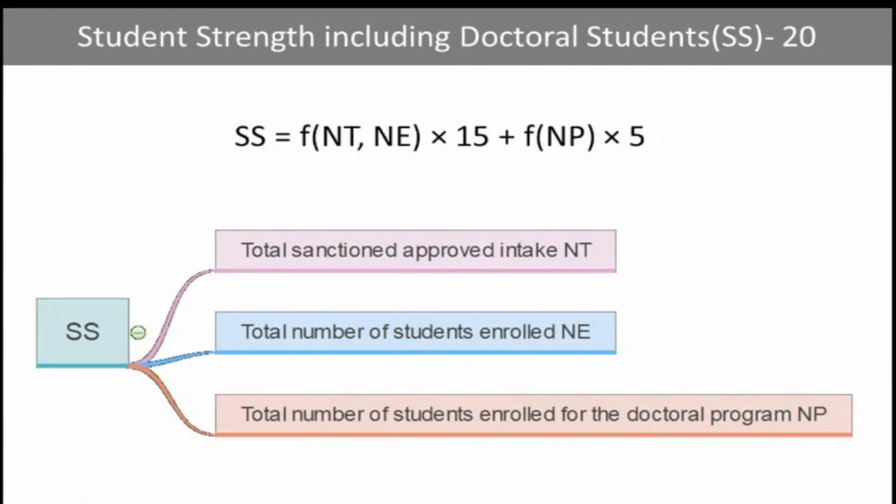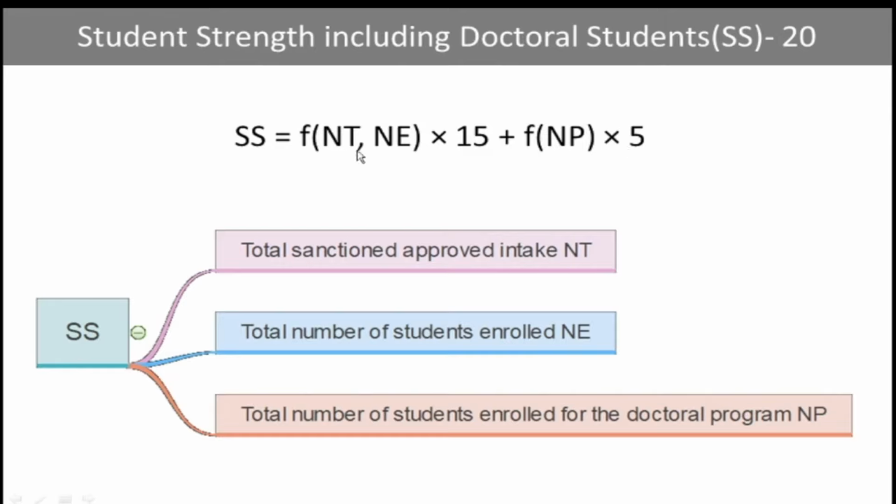The first metric is student strength including doctoral students. It carries 20 marks. To understand how we can perform well in each of these metrics, we need to understand the formula which has been derived by NIRF. The formula in this case: SS is equal to F of NT and NE multiplied by 15 plus F of NP into 5.